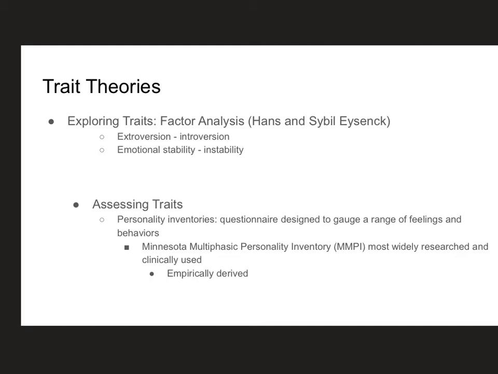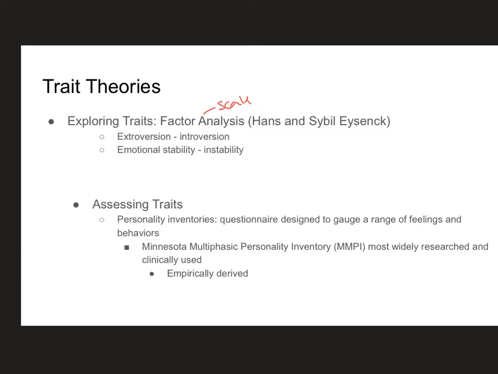The first is exploring personality traits, and this is based off factor analysis, so it's on a scale, really, by Hans and Sybil Eysenck. And there's two parts to the scale. The first is extroversion versus introversion. So do you get your energy from those outside of you, or do you get your energy from inside, by your own self? And then the second part is emotional stability versus instability.